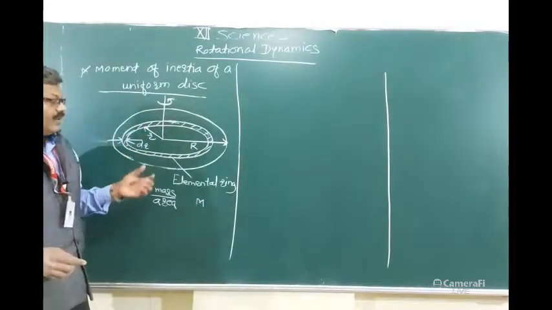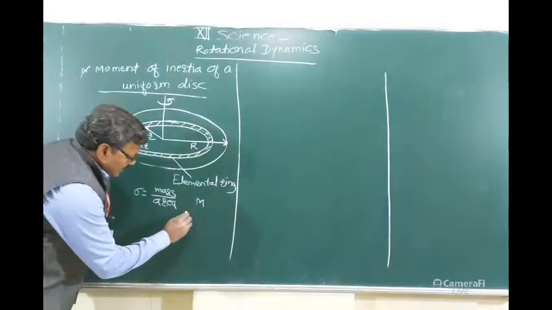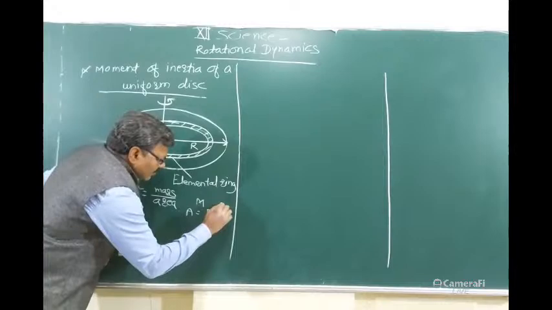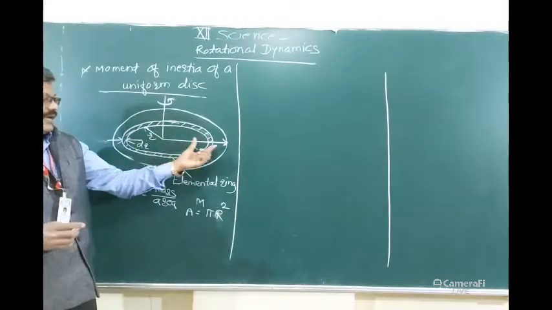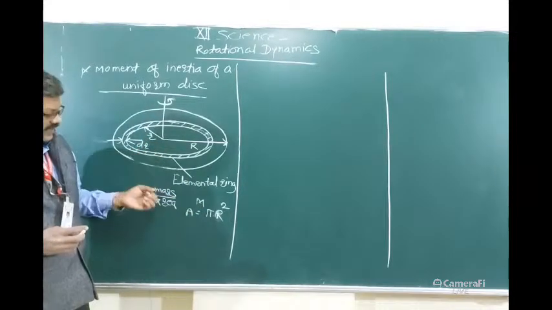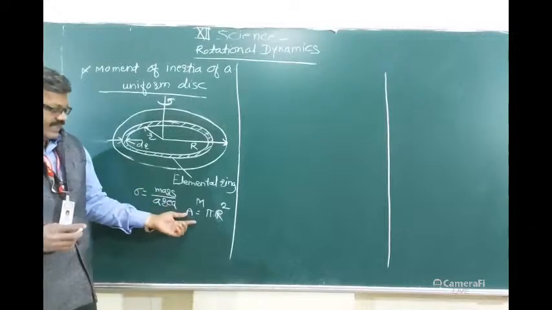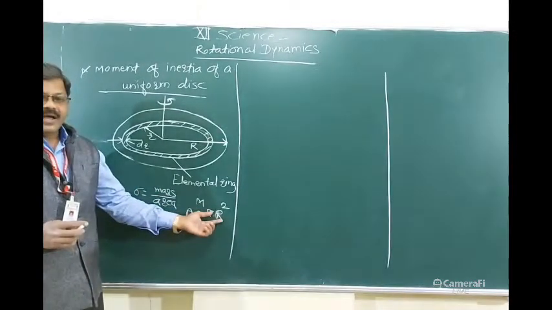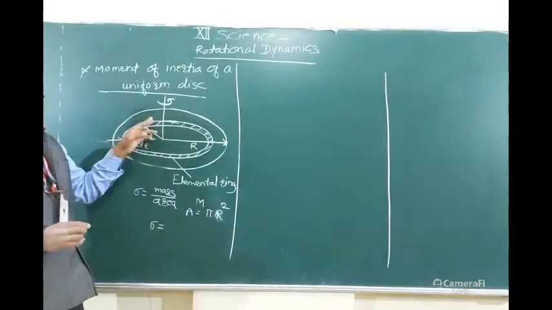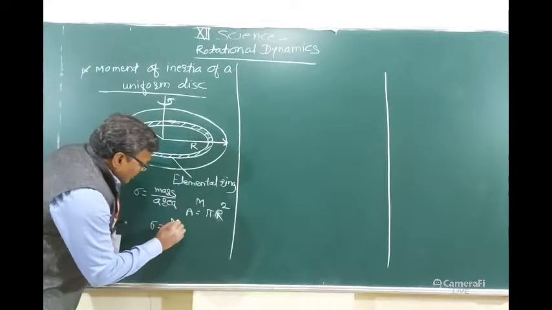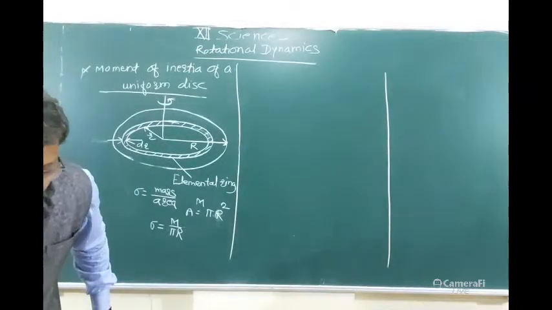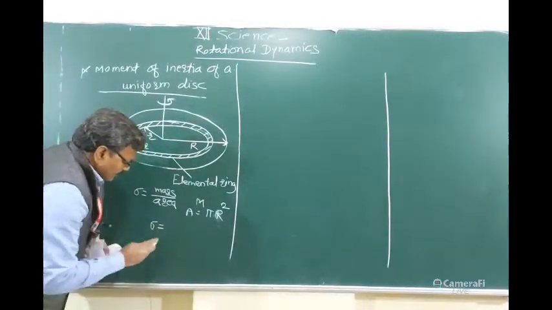We know the area of this disk is A equal to pi r square, where r is the radius of the disk and m is its mass. Therefore, the surface density sigma of this uniform disk is m upon pi r square.